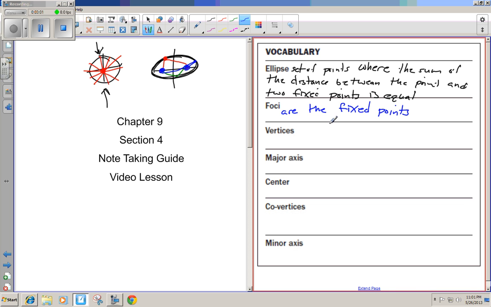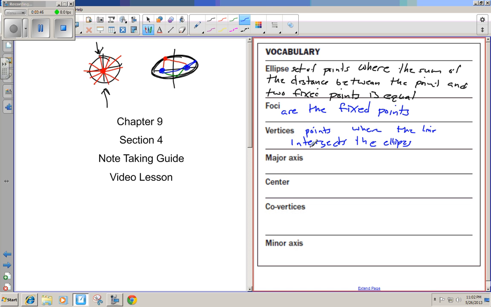Vertices. The vertices are the points at which the lines through the foci intersect the ellipse. Point where the line intersects the ellipse.